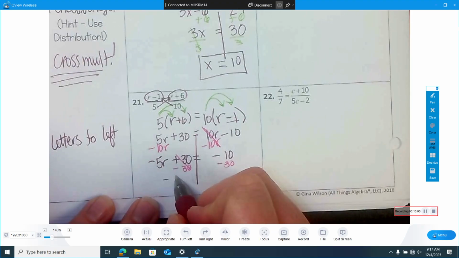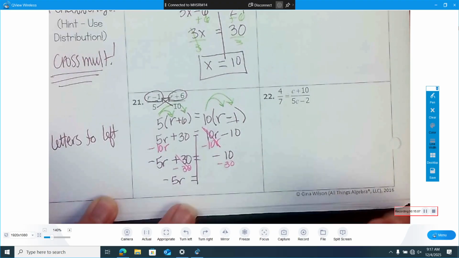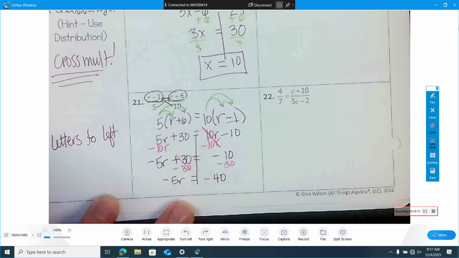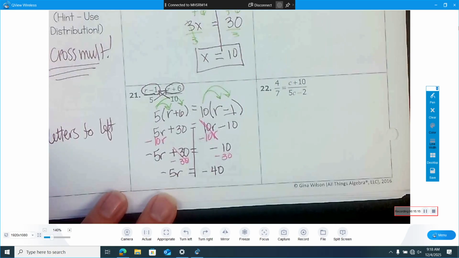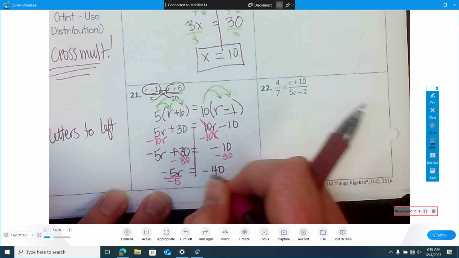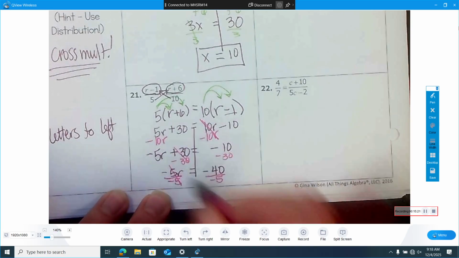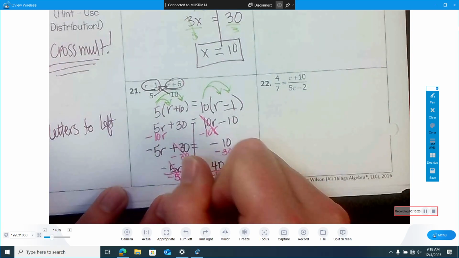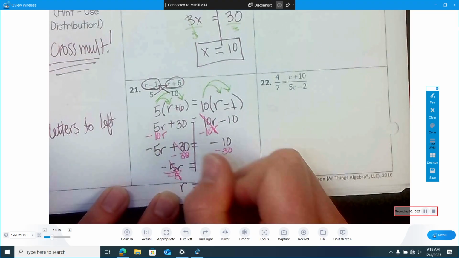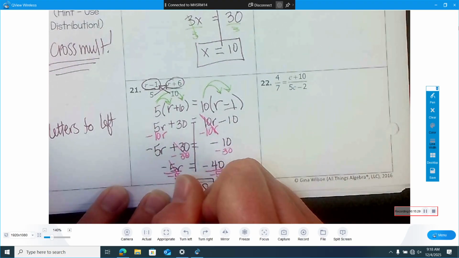And so I have negative 5r equals negative 40. And then how do we get r by itself? Divide by negative 5 on both sides. So we get r equals positive 8. Negative divided by negative is positive.